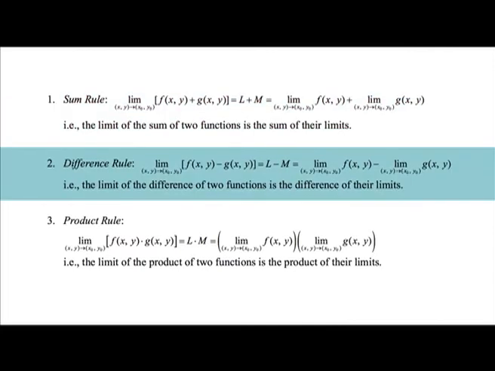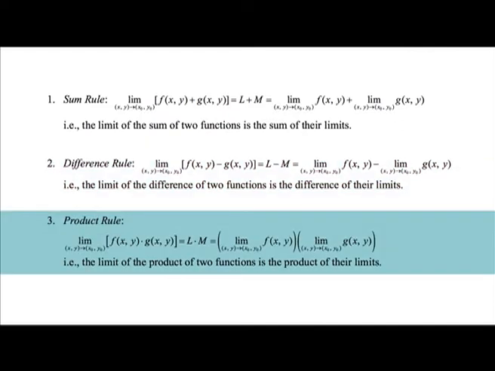Difference rule: the limit of f(x,y) − g(x,y) is equal to L − m, which is equal to the limit of f(x,y) minus the limit of g(x,y). That is, the limit of the difference of two functions is the difference of their limits.